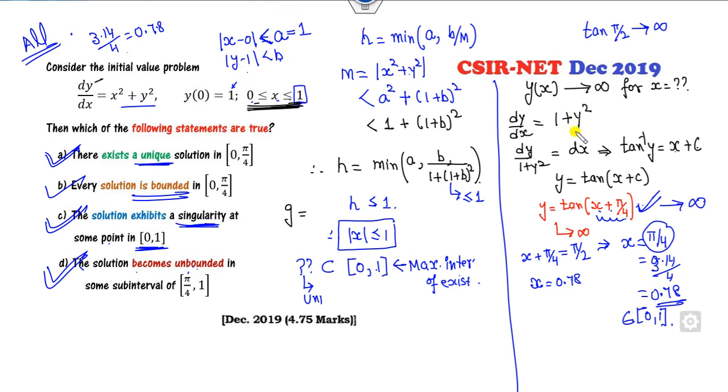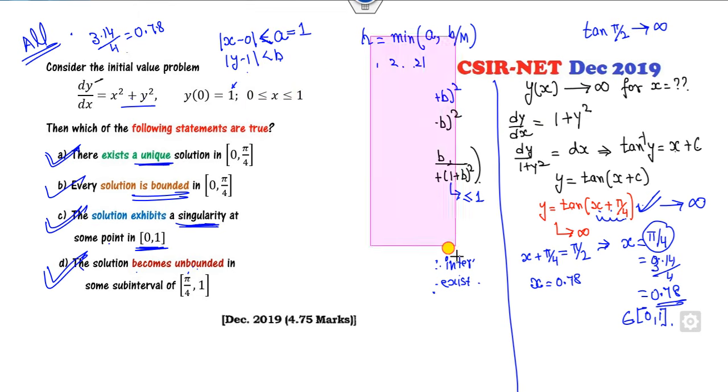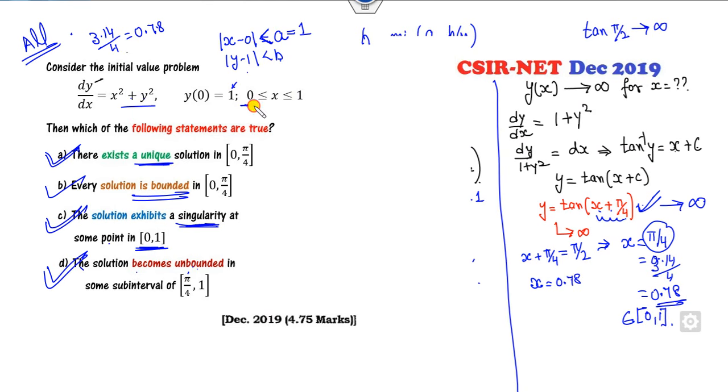Okay, this is fine. Now if you wonder why I considered 1, you can take any value in between this closed interval. For example, if I clear this screen for you, if I choose x as 0, then your solution equation becomes dy over y square. So then it becomes minus 1 over y is x plus c. If I substitute x is 0, then c becomes minus 1. So minus 1 over y is x minus 1.